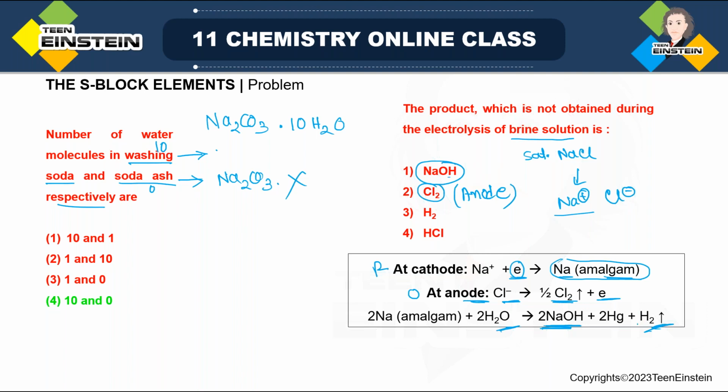Hydrogen is also produced when sodium amalgam is reacting with water. So this is a product, this is a product, this is also a product. Only this one we are not getting. So this is the product we are not obtaining during the electrolysis of brine solution. So this option is correct.